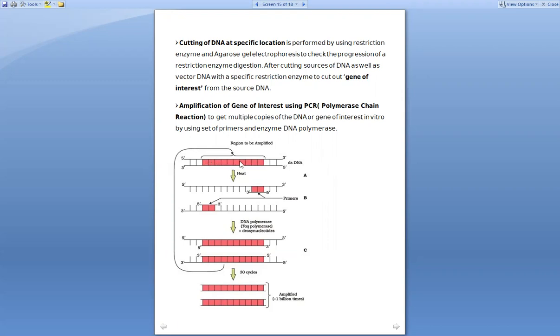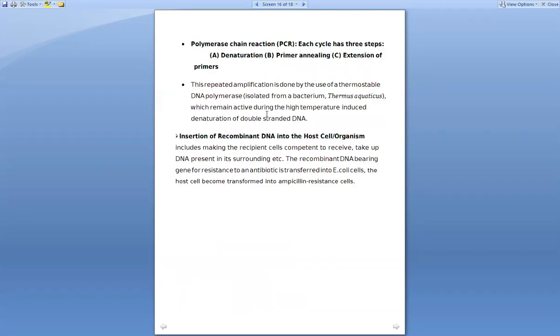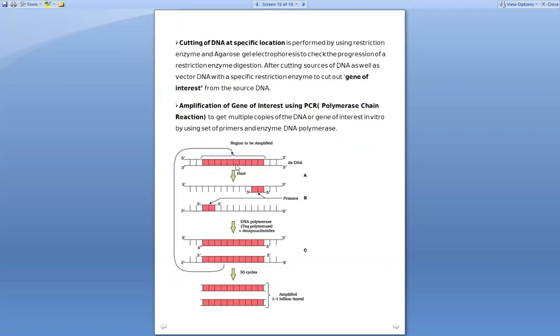So first we are going to denature this DNA. For this reason you are giving the heat. When the heat is given, the two strands get denatured, that means they separate from each other, they are unwound.